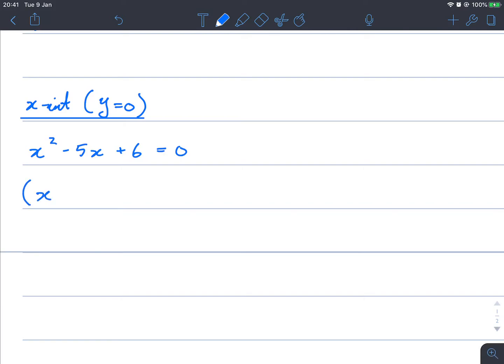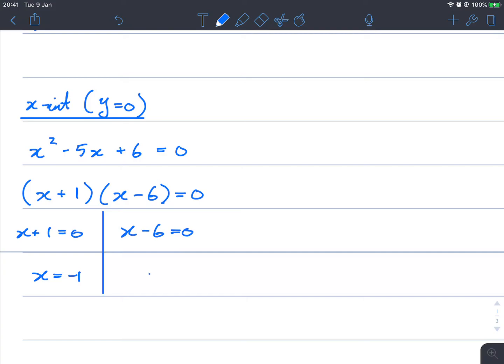So this will be (x plus 1)(x minus 6) equaling 0. This will give me the two solutions, x plus 1 equals 0, and x minus 6 equals 0, so x equals positive 6.